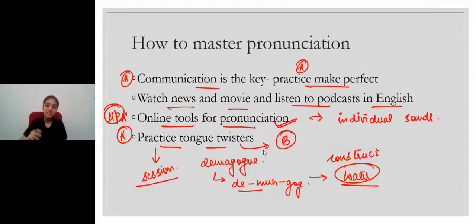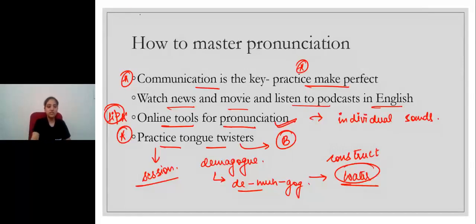With the help of these repeated sounds, tongue twisters help you clear out your communication. So that is why practicing tongue twisters is also important. You can start from today, or you can start from the day when we have a separate session on tongue twisters.